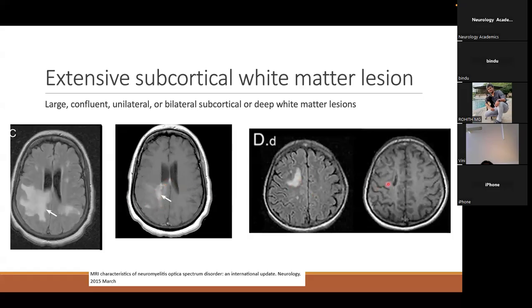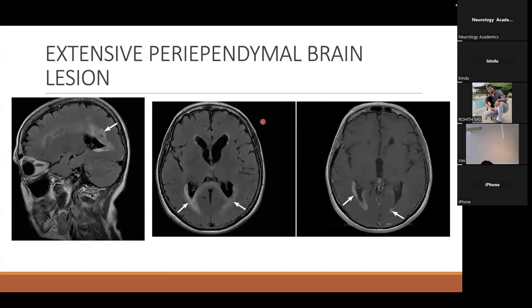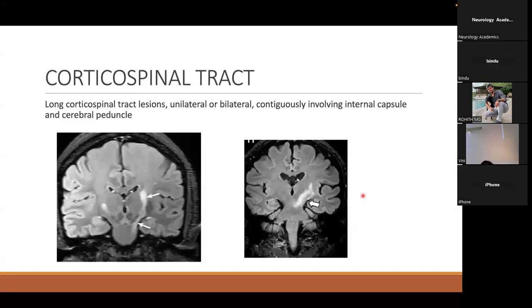Sometimes this lesion can undergo atrophy, and cavitatory changes can also come chronically. And this is another lesion involving the splenium and extending towards the periependymal subcortical region along the periependymal lining, which can be seen in NMOSD.